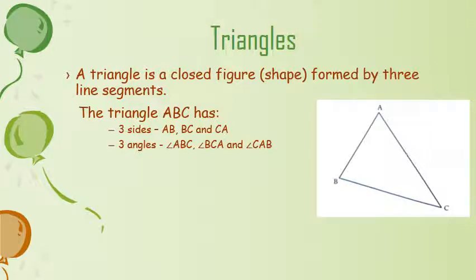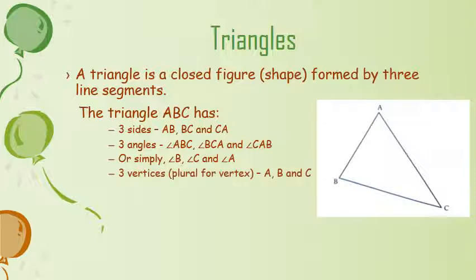It has three angles: angle ABC, angle BCA and angle CAB. Or simply we can say angle B, angle C and angle A, which are formed at vertex B, vertex C and vertex A respectively.